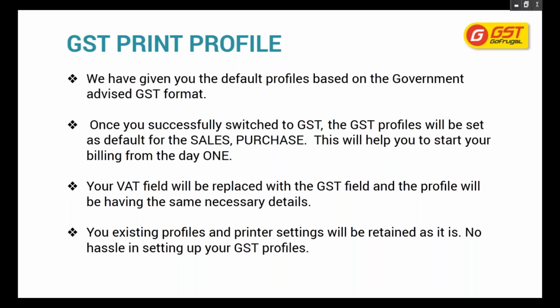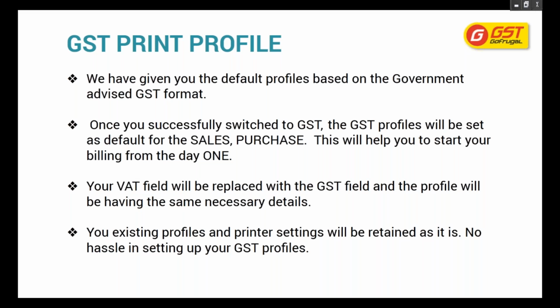For example, if you are displaying VAT percentage and amount in your print design, the VAT will be replaced by GST and it will show the GST amount. By default, the migration will be in the total amount. For example, if you are using VAT, it will show CGST plus SGST replacing VAT.